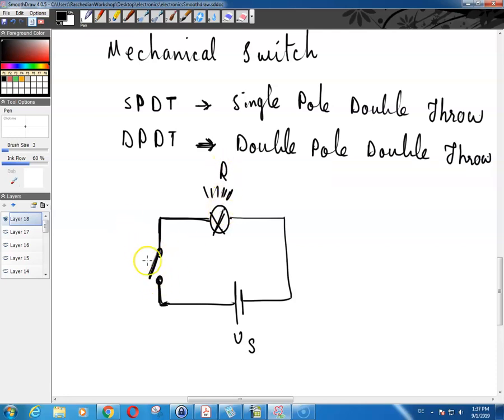Whenever the two contacts are disconnected, the power supply is disconnected, meaning that one of the wires is effectively disconnected and the lamp turns off. So that's what the switch does, and as you can see, it's connected in series with the load and in series with the power supply.